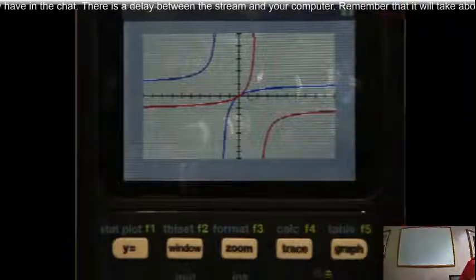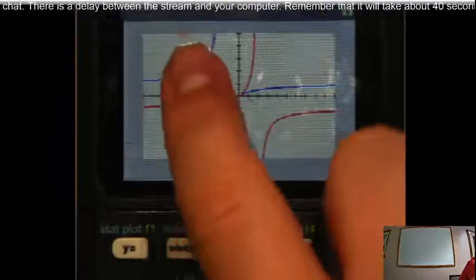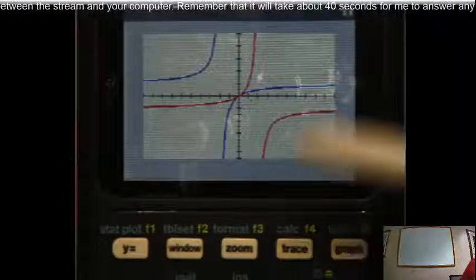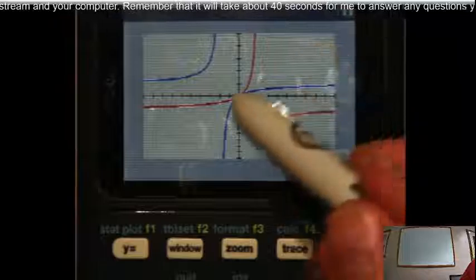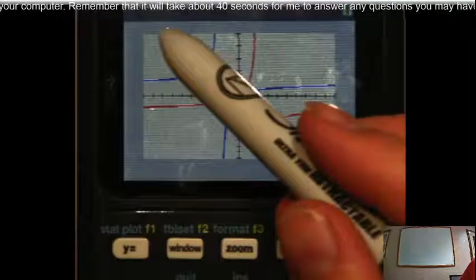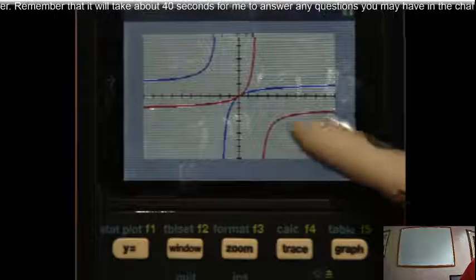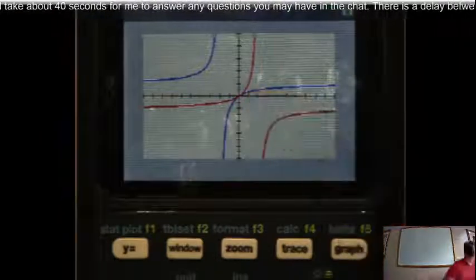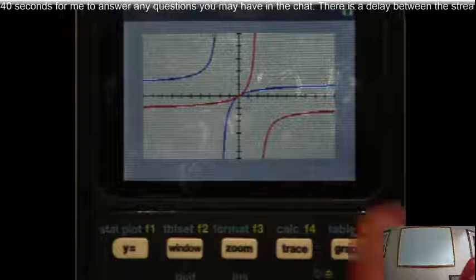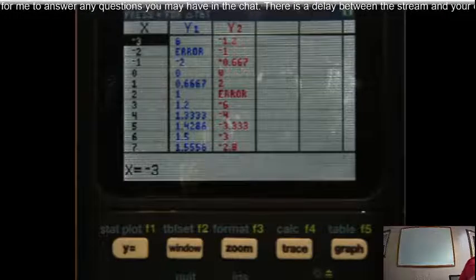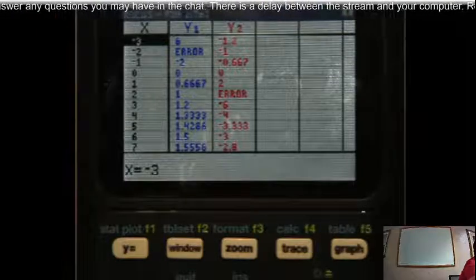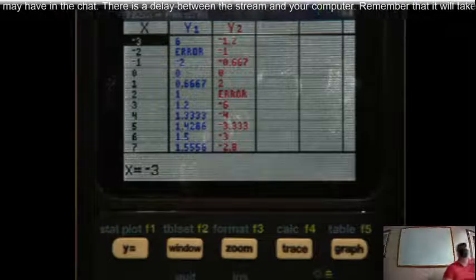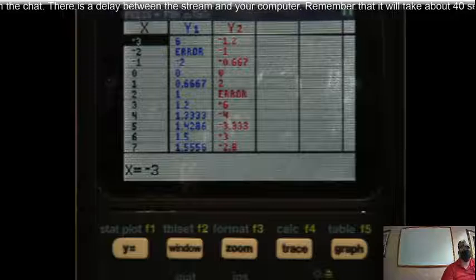So if we take the blue one and flip it across this diagonal, then it gives us what we have for the red. These are inverse functions. The y's and x's have been exchanged, which we should be able to see here. Okay?